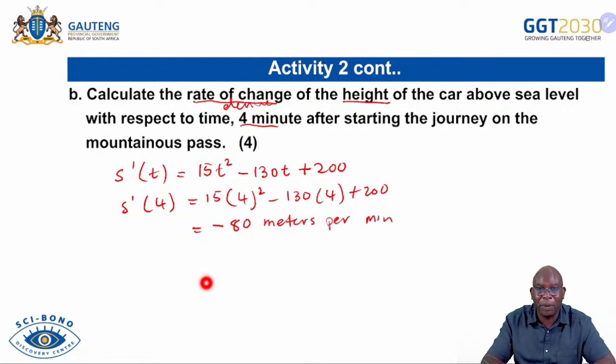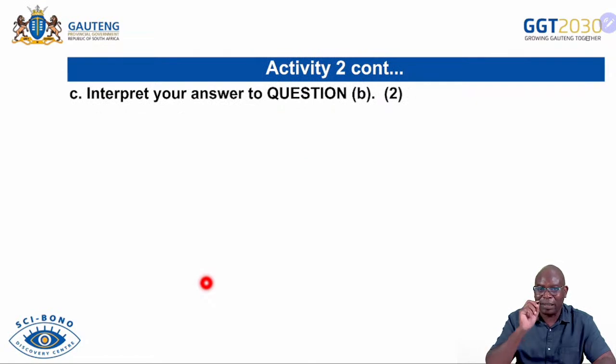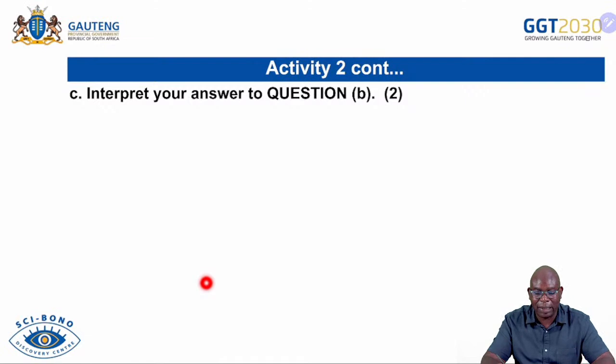Remember, here we're talking minutes. We're no longer talking seconds here. Right. So now it's minus 80 meters per minute. So that's the rate of change. Remember, it's like your velocity. So in this case, it's rate of change. Okay. Now, the question that follows this says, now interpret your answer in B.